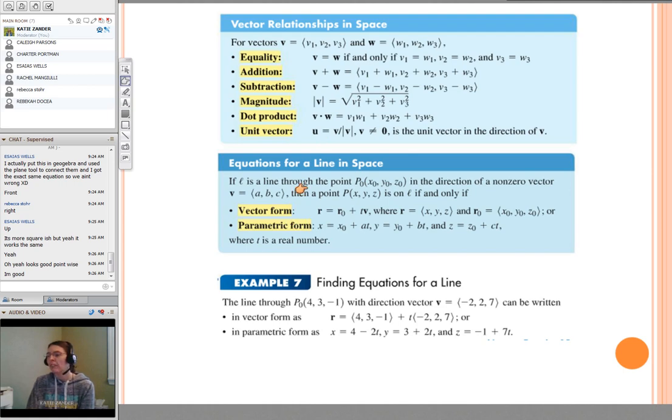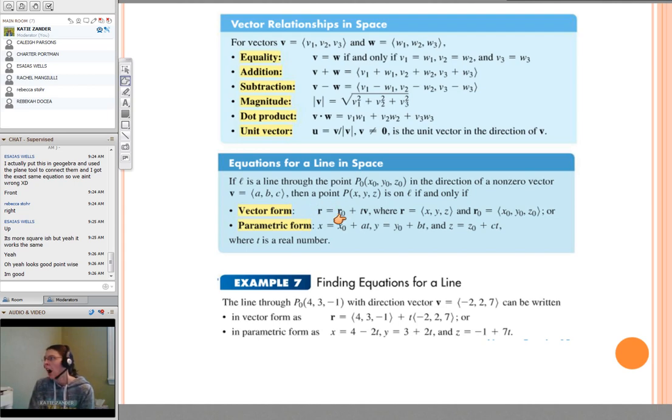What we probably haven't looked at yet is the equations for a line in space. So the vector form of creating a line in space is by taking your point. If L is a line through the point here in the direction of a non-zero vector v, then your point P is on line L if and only if we follow these formats here.